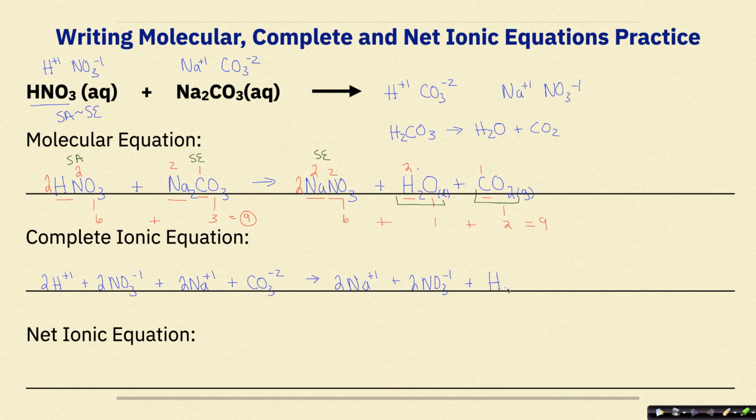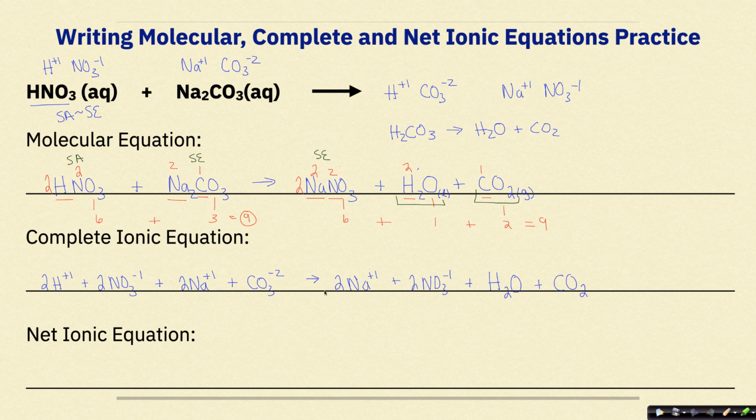Don't do anything to it. Leave it alone. It is a liquid. Plus carbon dioxide. Again, don't touch it. It is a gas. It's a molecular compound. Don't touch it.